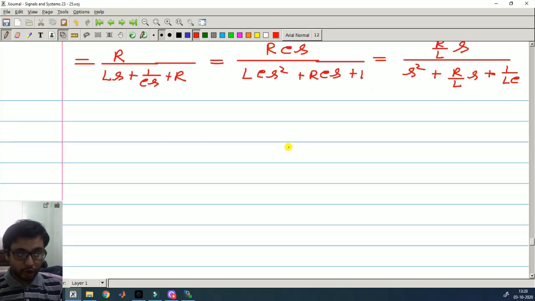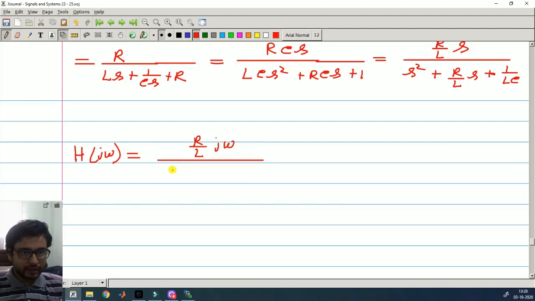Now we want to plot approximately the frequency response. First we will write H(j omega), which will be equal to this with s replaced by j omega. So that is R by L j omega divided by (j omega) squared, which is minus omega squared, plus R by L omega multiplied with j, plus 1 by LC.